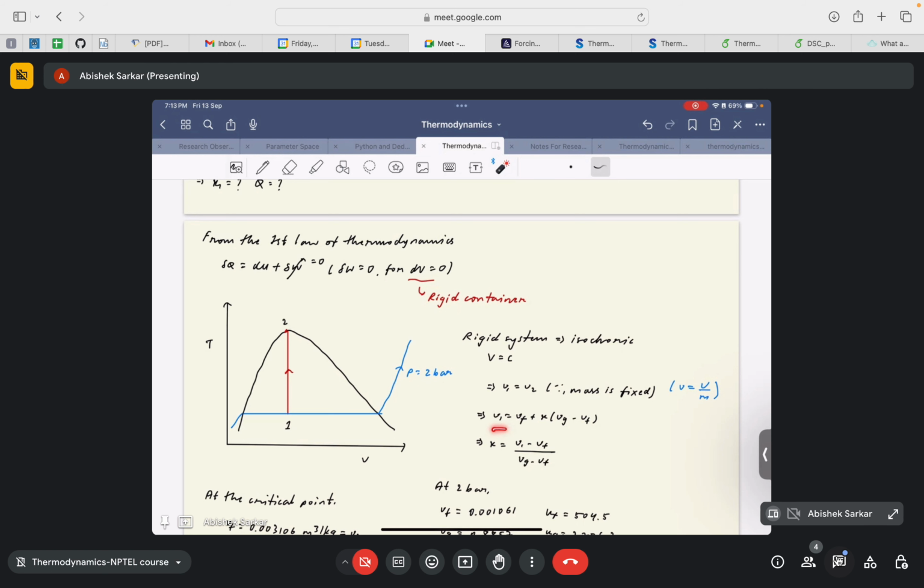I guess this expression is also clear; we just derived it a few minutes before. So from here we can determine x as v1 minus vf divided by vg minus vf. The unknowns in our hand are vf and vg. v1 we already know.